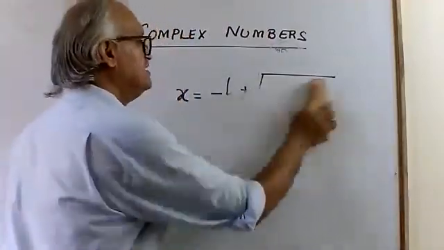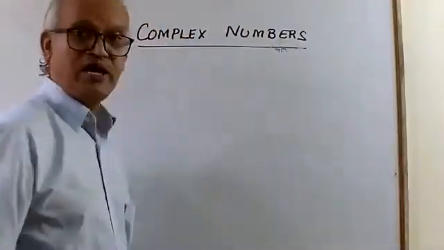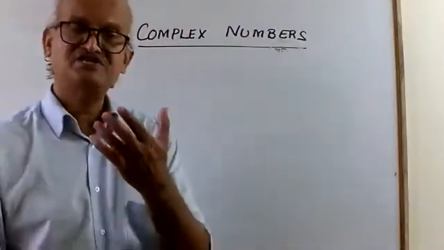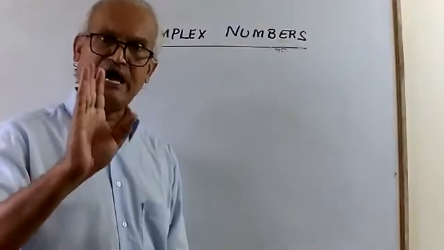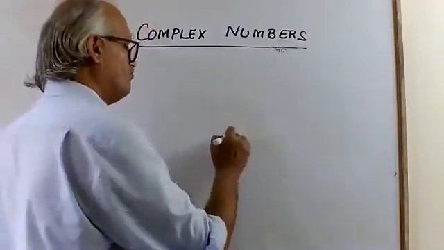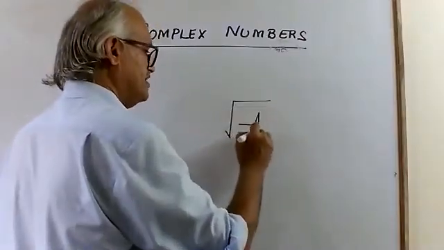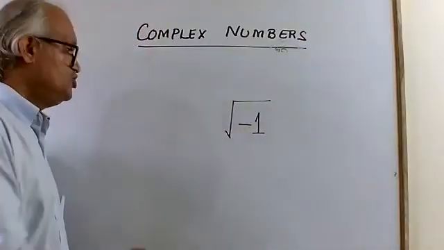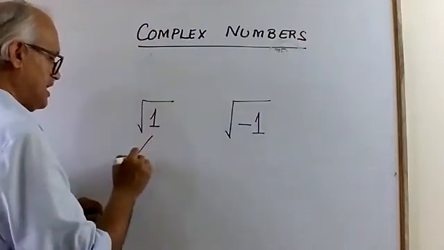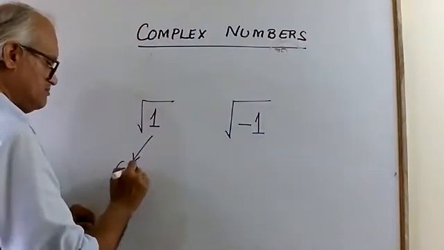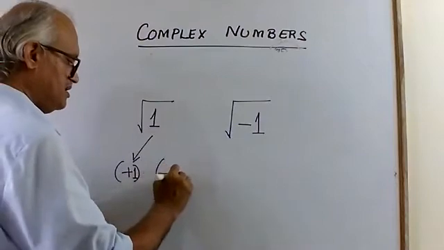Having said this, now let's try to see how you can actually represent an imaginary number. We define an imaginary number as the square root of -1. Now, you know that the square root of 1 can be either +1 or it can be -1.